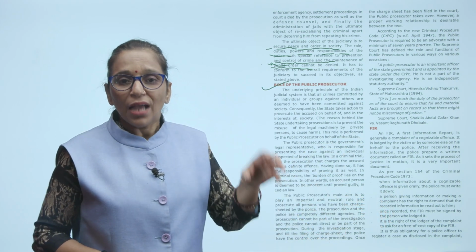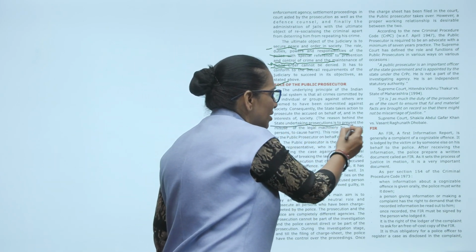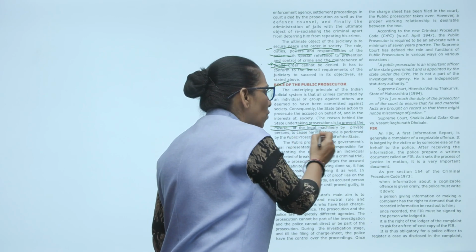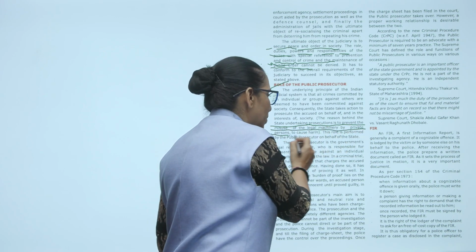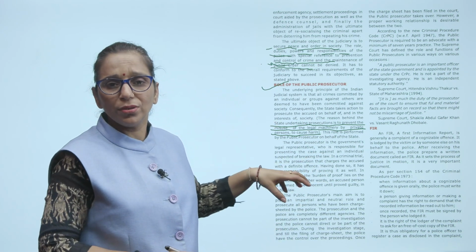So consequently, the state takes action to prosecute the accused on behalf of and in the interest of society. Why? The reason behind the state undertaking prosecution is to prevent the misuse of legal machinery by private persons to cause harm. That's why they are using the public prosecutor.